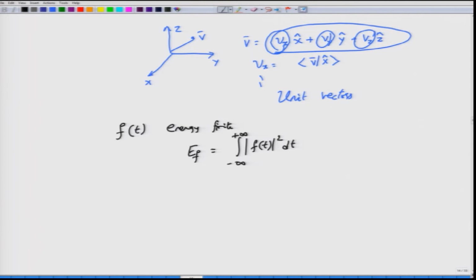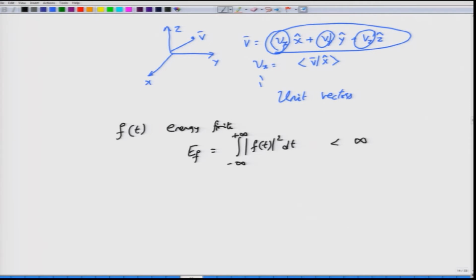In case it is not specified, we will let this be minus infinity to plus infinity, and we want this quantity to be less than infinity, so that we can talk about the energy of these signals. Okay. And I have used magnitude square to denote the fact that f of t could be complex.